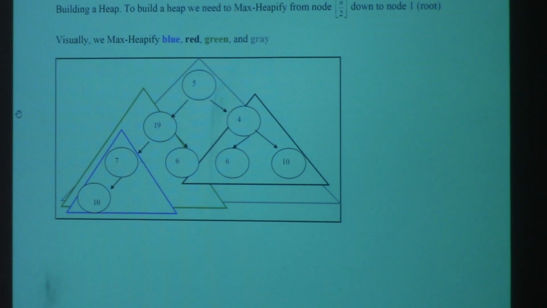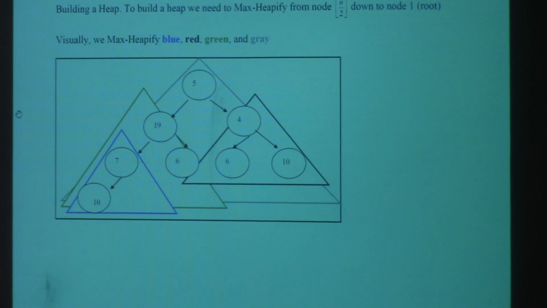So we're going to build the heap from the bottom up. I'm going to take 8 and divide it by 2, and that gives me the index of the greatest indexed parent. Notice that if I look at 10 by itself, that's a heap of 1. If I look at 10, 6, and 6, those are heaps.